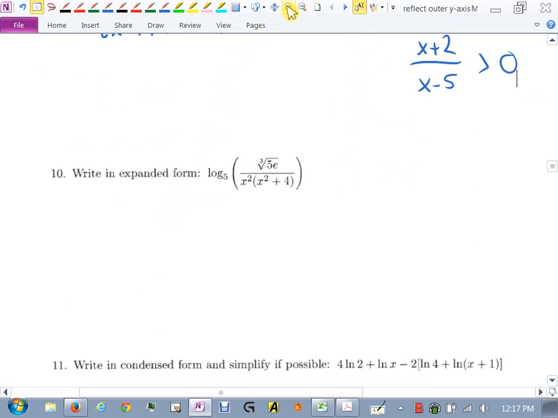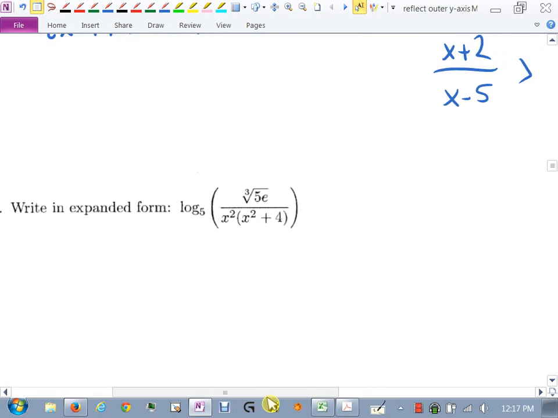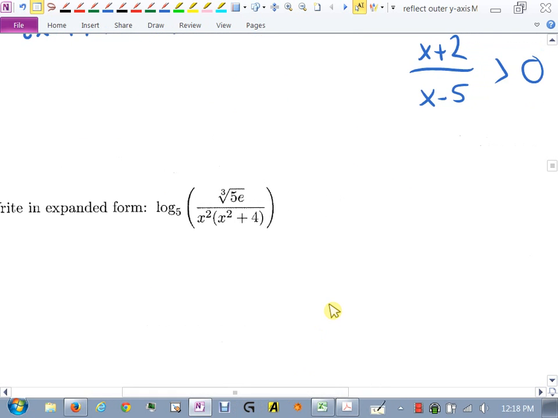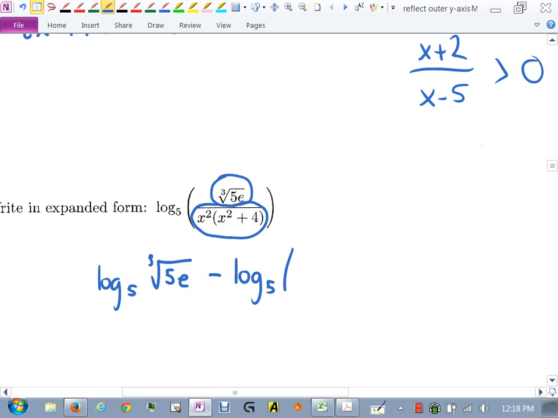Write in expanded form. What this means is to use all those properties of logs. So let me work through this one. Do you see that I have something divided by something? Yes? So I can go log base 5 of the cube root of 5e minus log base 5 of, and then I got a bunch of stuff down there, x squared times x squared plus 4.